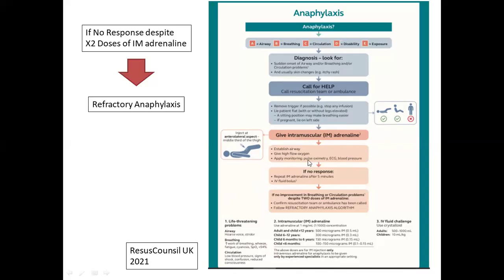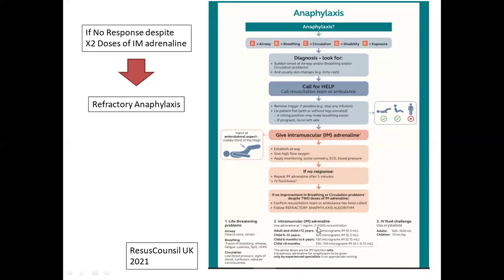That means cannula and high flow oxygen. If there is no response to the first adrenaline, give the second one and wait for 10 minutes after the second one. If there is no response, switch to the refractory anaphylaxis algorithm.